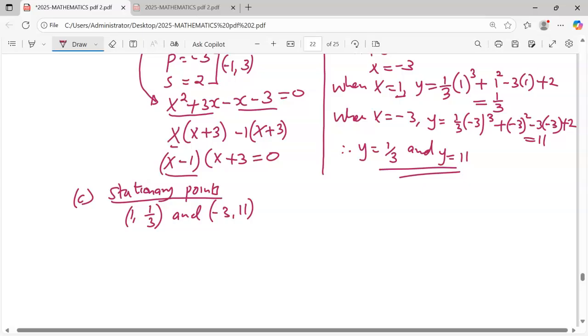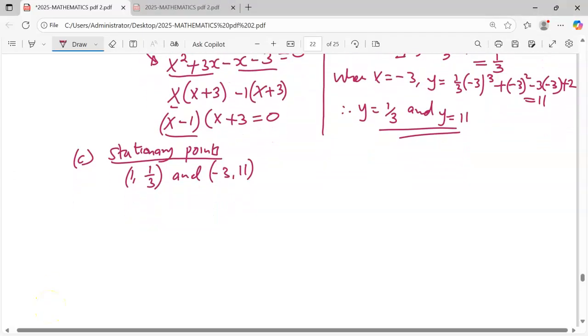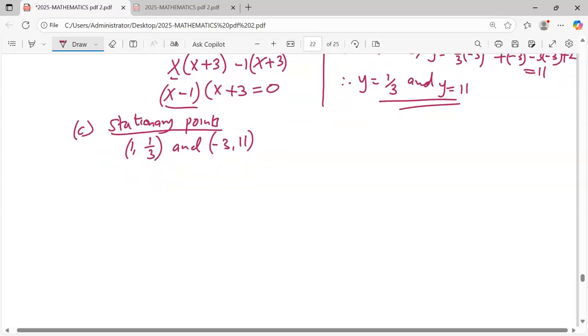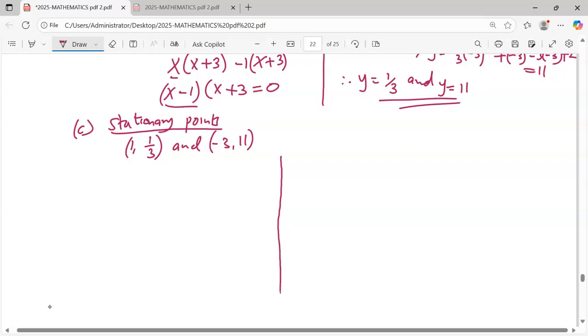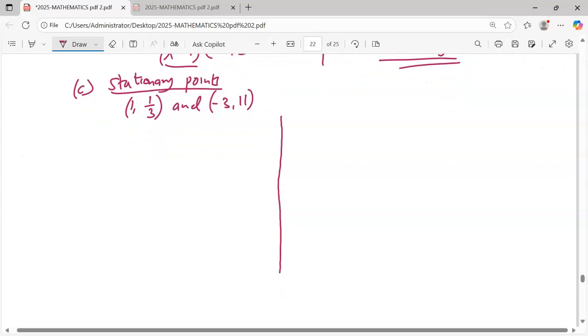So when it comes to curve sketching, what we do is that we are going to simply sketch using the stationary points. You can see the stationary points we have are 1 and a third.